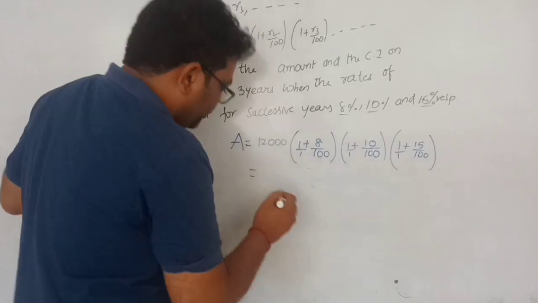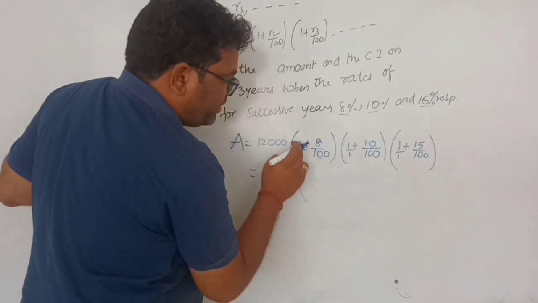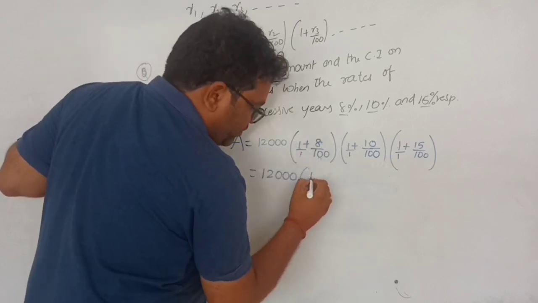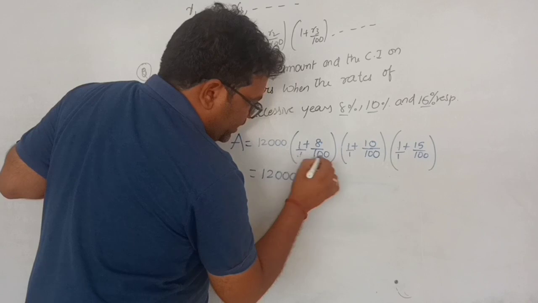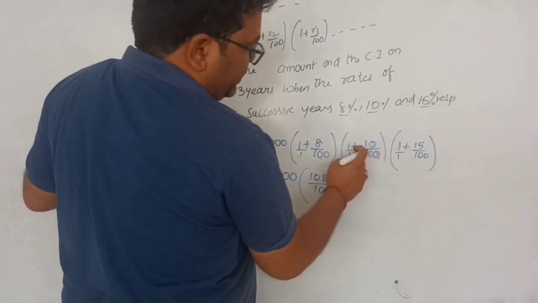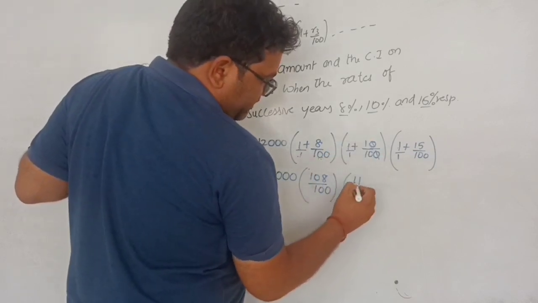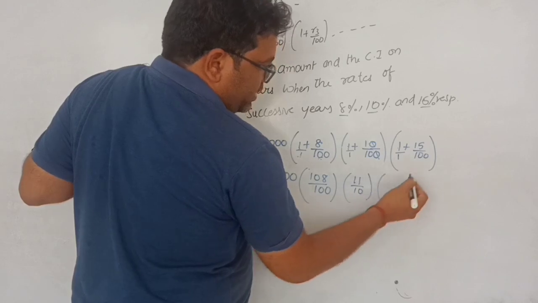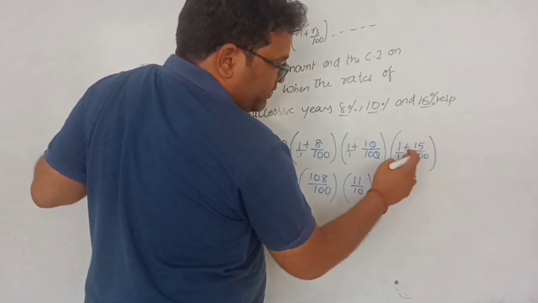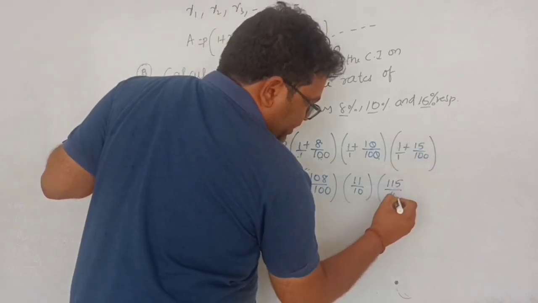Now here 12,000 into 100 plus 1 into 8, 100 plus 8 is 108, divided by 1 into 100 is 100, into 0, 0 cancel, 10 into 1 is 10, and 1 into 1 is 1. So 10 plus 1 is 11 by 10, into 100 plus 1 into 15, 100 plus 15 is 115 by 100.